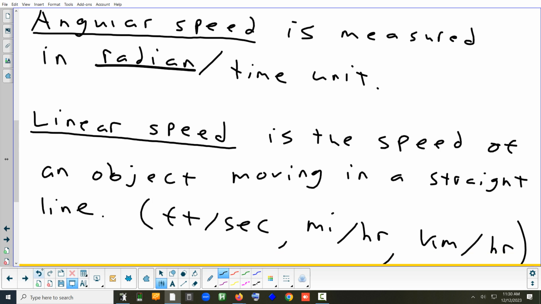Now, there are 3-letter abbreviations for some of these. In general, I would stick to writing it distance over time. That's how I would do it. The only time you might see a 3-letter abbreviation is revolutions per minute. You might see RPM. Miles per hour, you could see MPH.